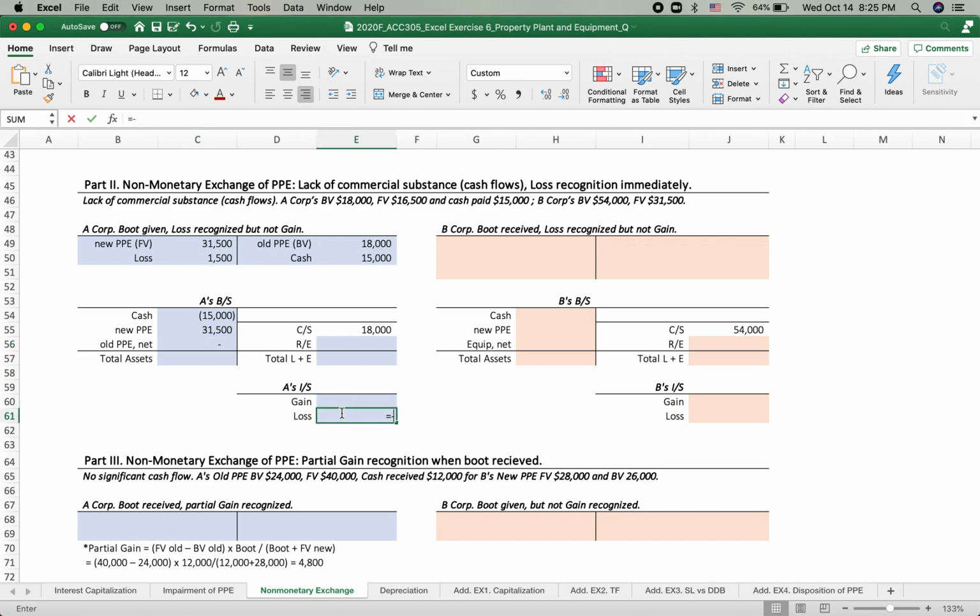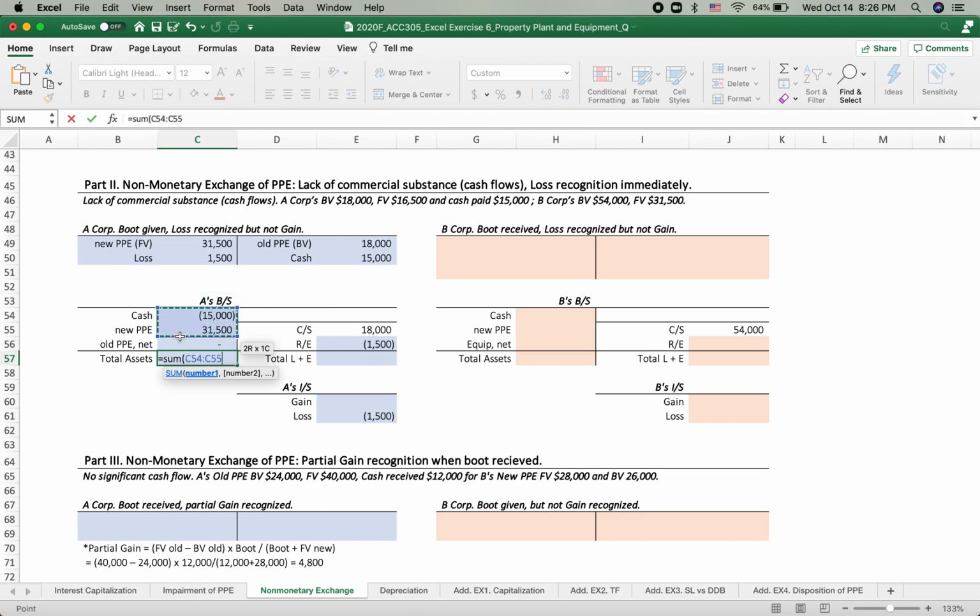And then loss, the difference between the fair value and the book value, is 1,500. Should record it. And then it corresponds to the retained earning. So the sum of all this asset is 16,500. Also should be the same.